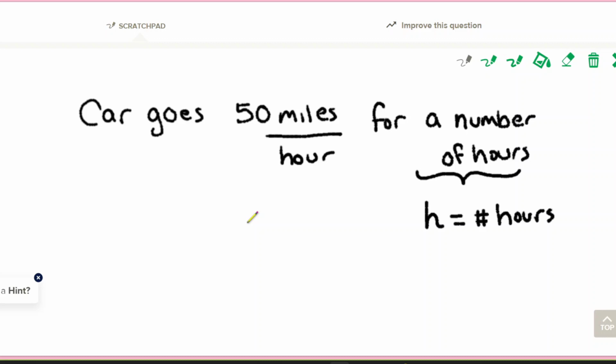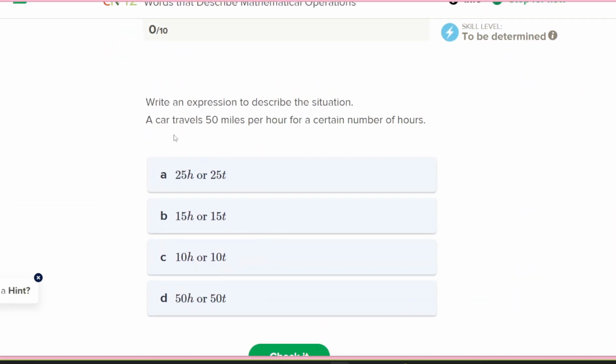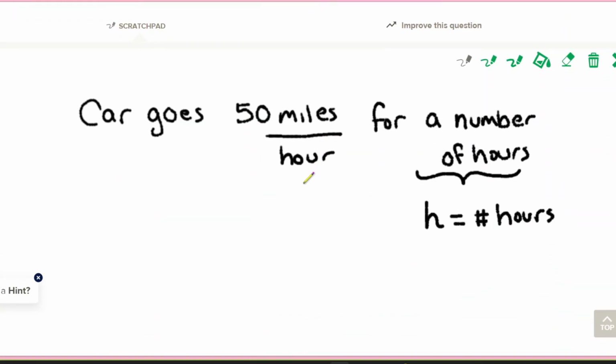Now they're asking us to write an expression for the distance traveled. Right? The car travels 50 miles an hour for a certain number of hours, so you're pretty much going to be concerned with how far the car has traveled.